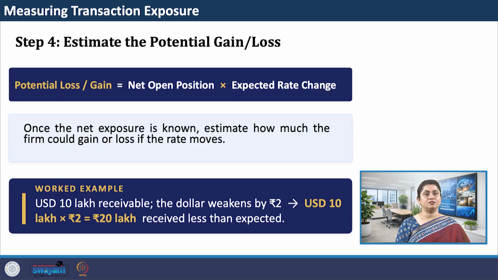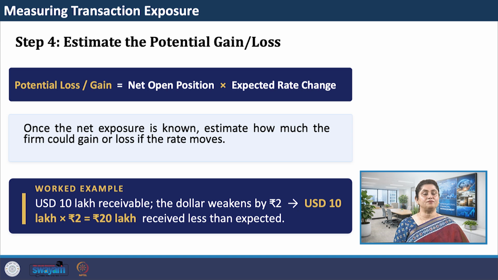The fourth is you have to estimate the potential gains or losses. Once the net exposure is known, the company estimates how much it could gain or lose if the exchange rate changes. The formula is potential loss or gain is equal to net open position into expected change in the exchange rate. For example, suppose a company expects to receive USD 10 lakh after 3 months.